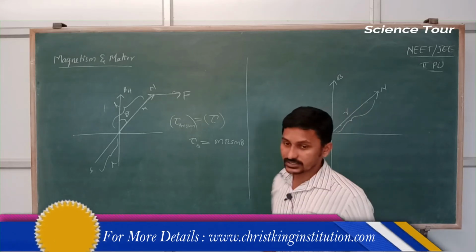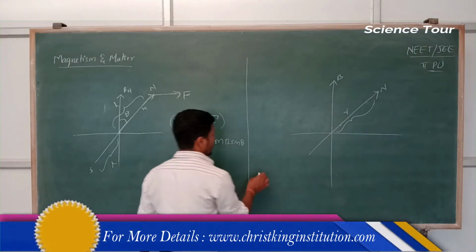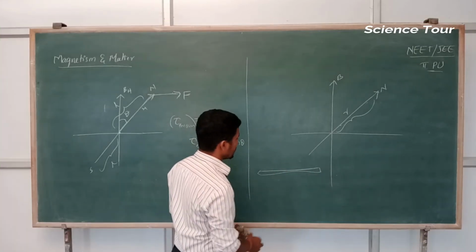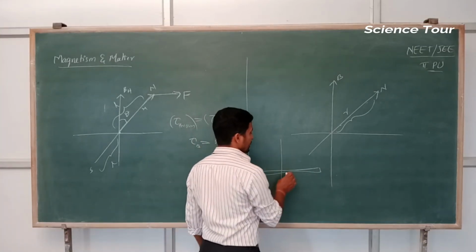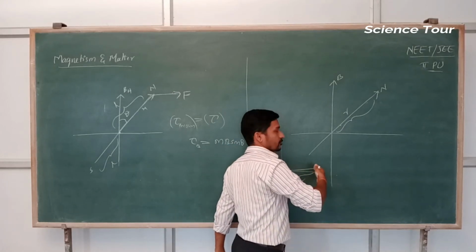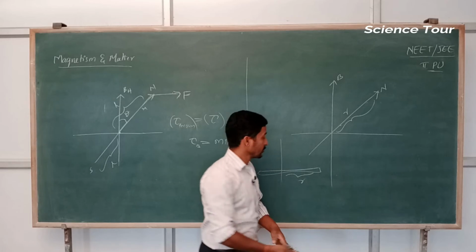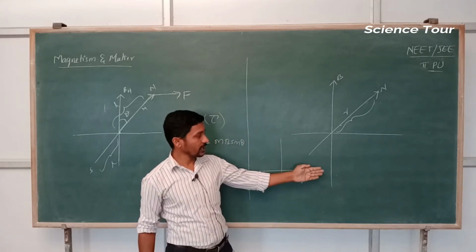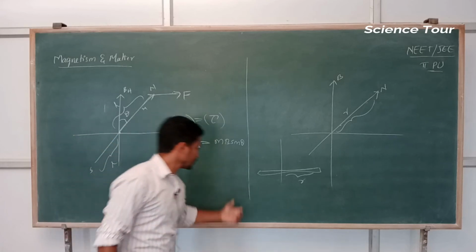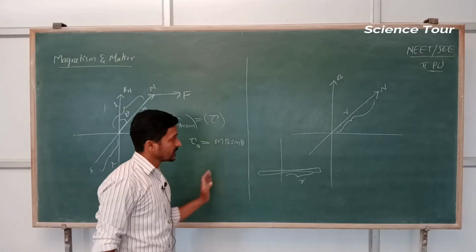You have studied this in the system of particles. At a certain radius r you have to apply a perpendicular force, isn't it? Now suppose I apply the force along the length. Consider this board itself, and think that one screw is fixed here and it can rotate.